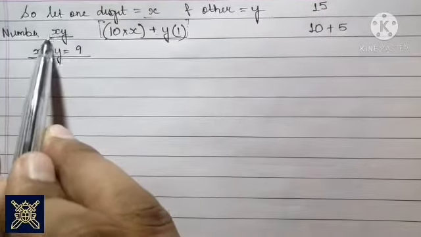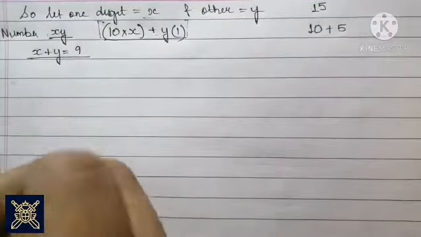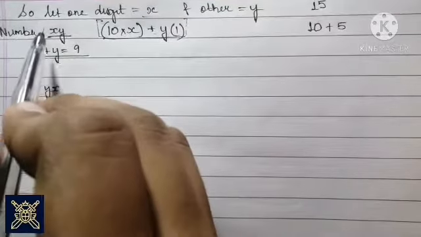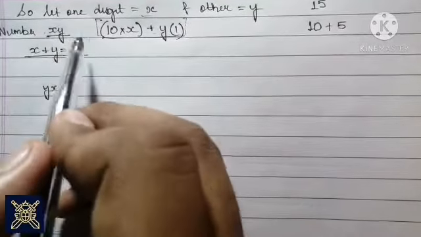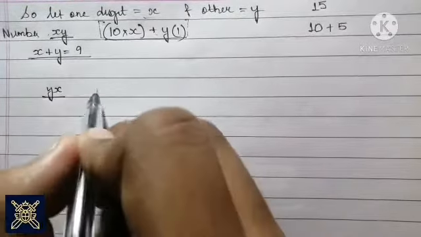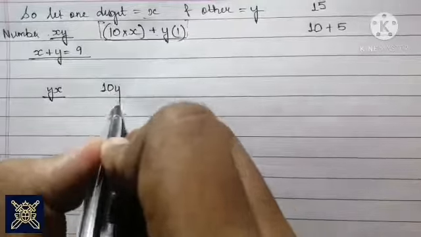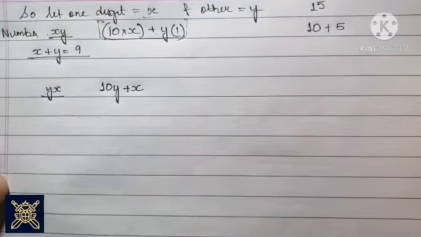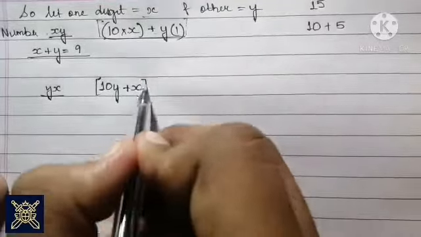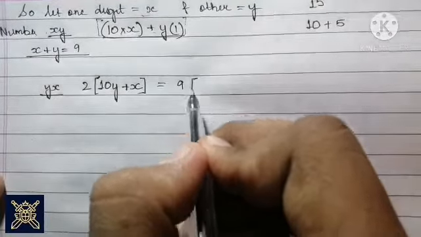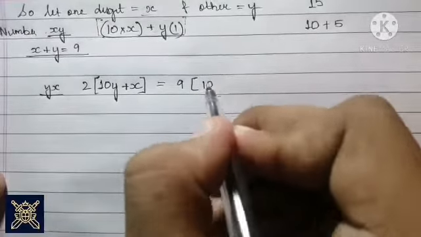When you reverse the order of digits in xy, the number will become yx. Reversing the order, tens will become ones and ones will become tens. So now the value of the number yx will be 10 into y plus x. Now the data was that twice the reversed number is equal to 9 times the original, that is 10x plus y.